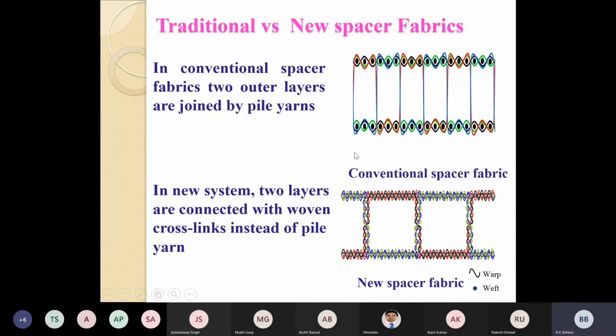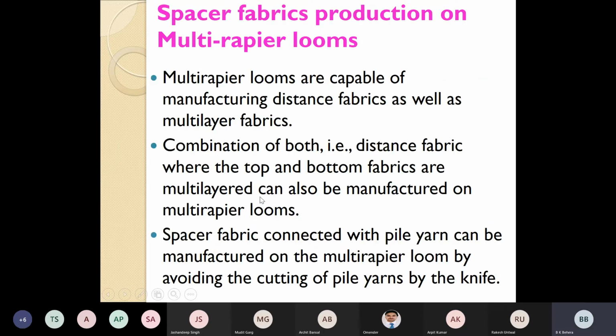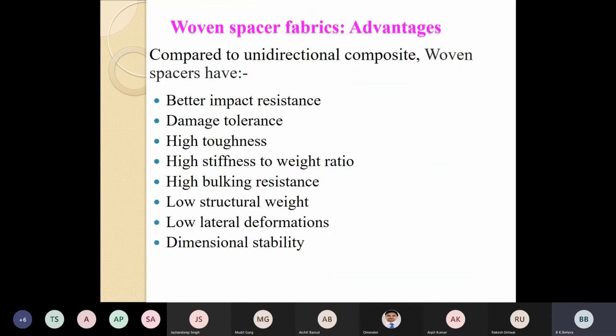By doing so, the spacer composite becomes still more stable, stronger, more energy absorbent. So the point is there is a lot of variability, option to change the structure. Okay, this is traditional multi-rapier weaving machine.